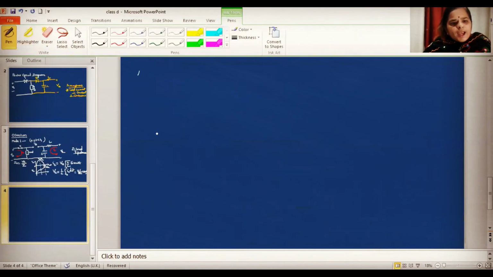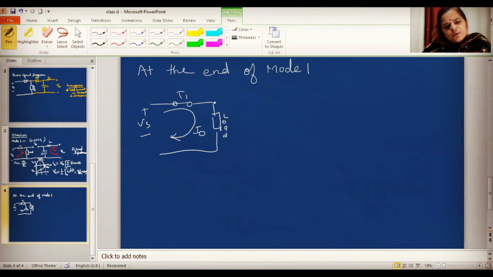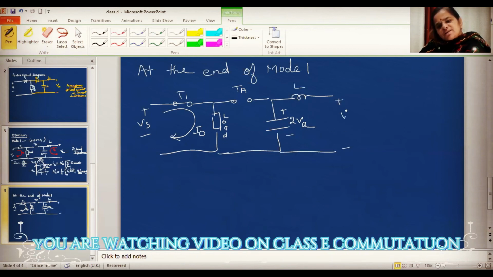That means by the end of mode 1, what will be the behavior of the circuit? T1 is still conducting. This is the load, Vs, the current is flowing like this, I0, TA is off. The capacitor is now charged with upper plate positive, lower plate negative, by a voltage of 2 Va, with L and this is plus minus Va.